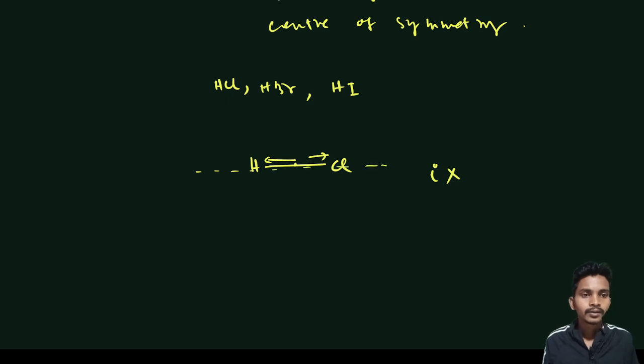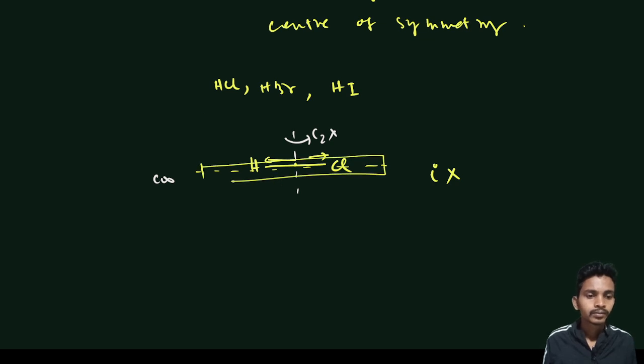the principal axis that we already discussed is the C infinity, and here C2 is not there. C infinity is there, and through this we can pass sigma v also. It means one sigma v is there, then C infinity sigma v is there, then n number of sigma v.